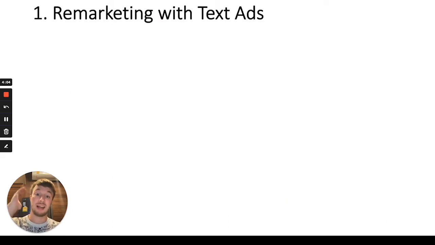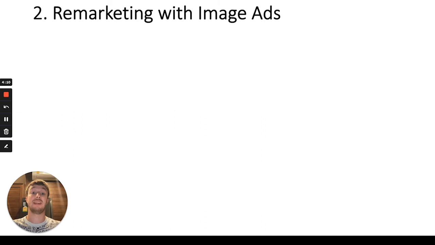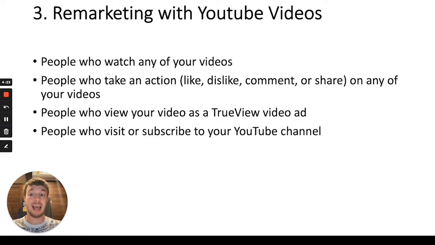So you can do remarketing with text ads, like you're used to seeing on Google. Then you can also do remarketing with image ads, another powerful method. Imagine images with catchy headlines appearing on Google. Again, a powerful method. And you can do remarketing with YouTube ads. So who can you do remarketing to?